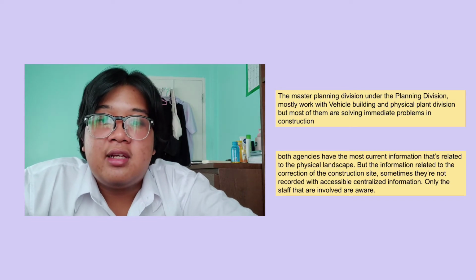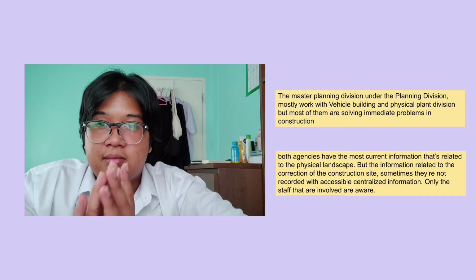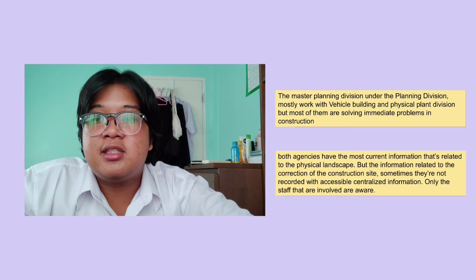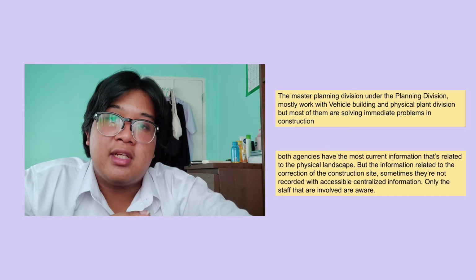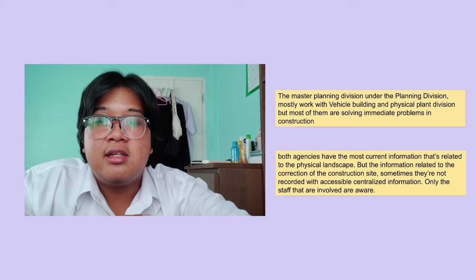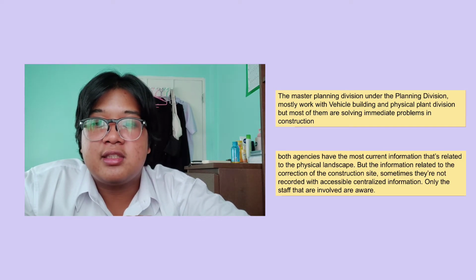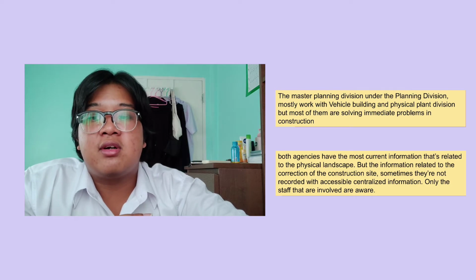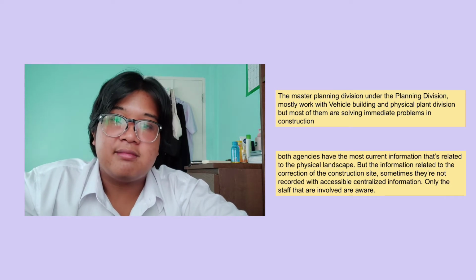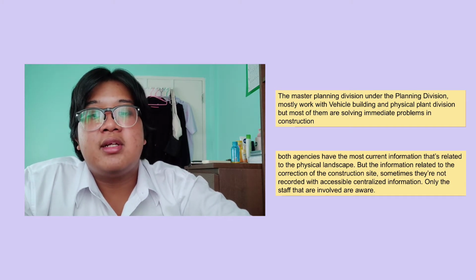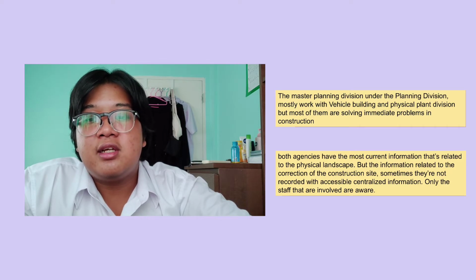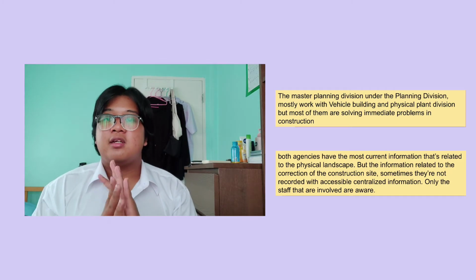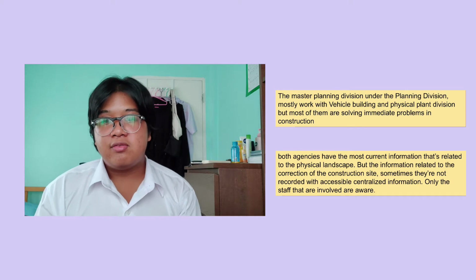Therefore, most agencies have the most current information related to the physical landscape, but information related to corrections at the construction site is sometimes not recorded in accessible centralized information. Only the staff involved are aware.